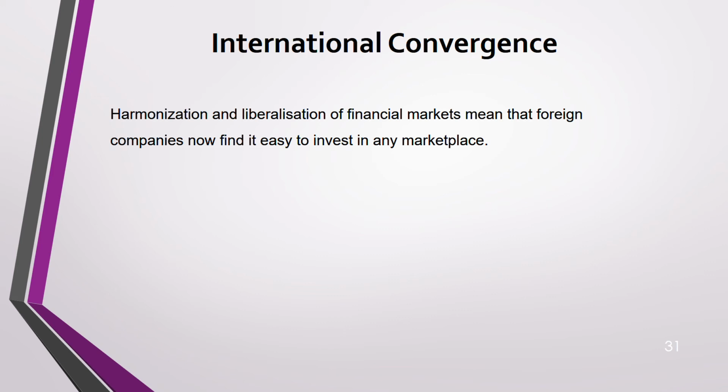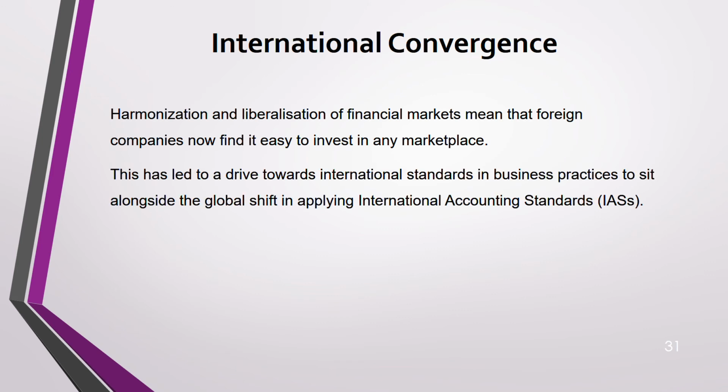Because of that, it's very important that we become convergent. Convergent means we become one. Our auditing standards, accounting standards and corporate governance become one. Do you understand? That is known as convergence. It is international because it is international practice.